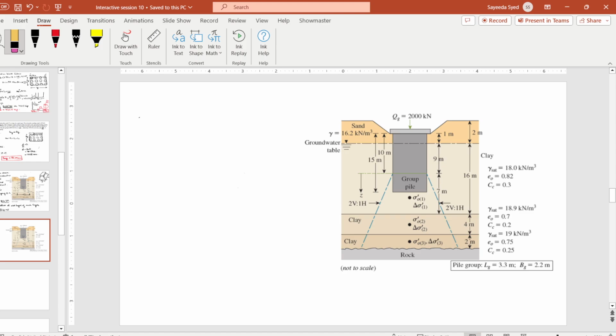The length of each pile is 15 meters. So the stress distribution will start at 10 meters. The stress distribution will start from here. Now let's identify the layers.